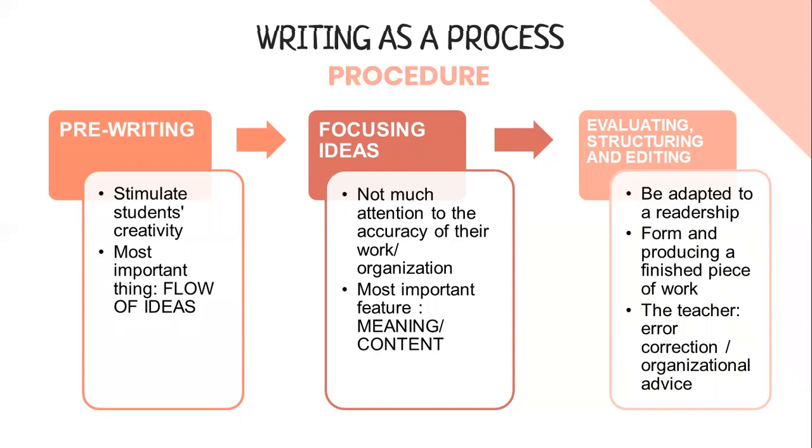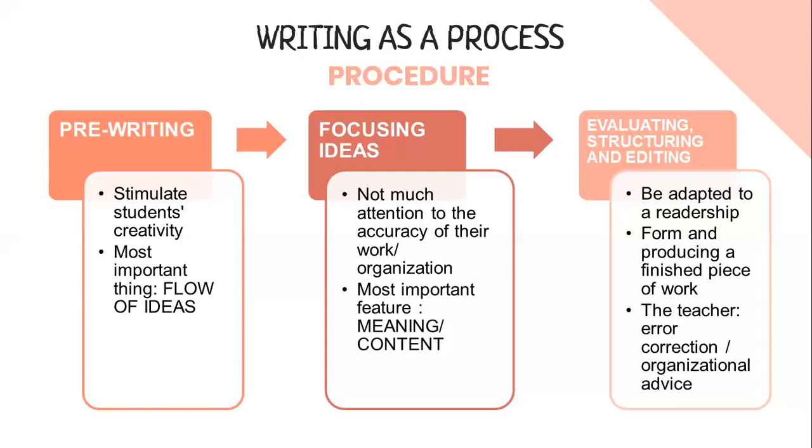During this stage, students write without much attention to the accuracy of their work or the organization. The most important feature is meaning. Here, the teacher or other students should concentrate on the content of the writing. Is it coherent? Is there anything missing? Anything extra?